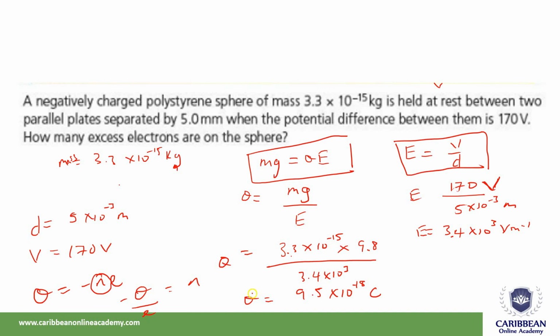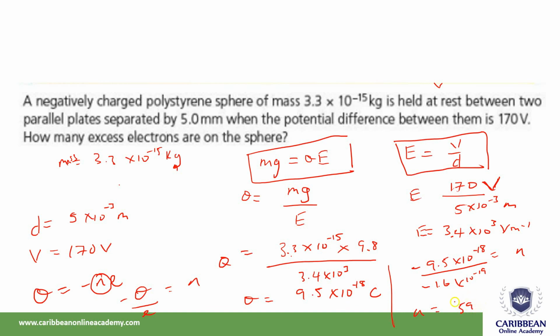So if I go ahead and divide minus 9.5 times 10 to the minus 18 by negative, which is the charge of the electron, negative 1.6 times 10 to the minus 19, this gives me N, and N is equal to 59.